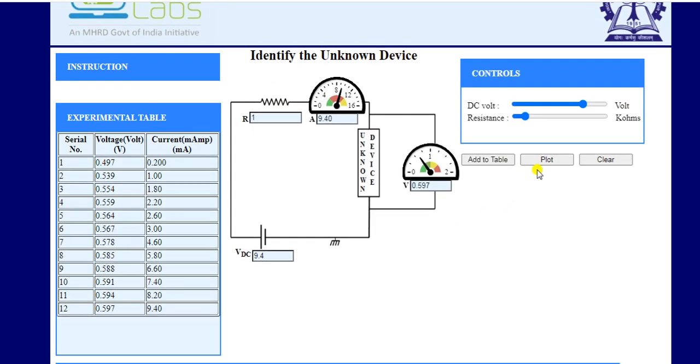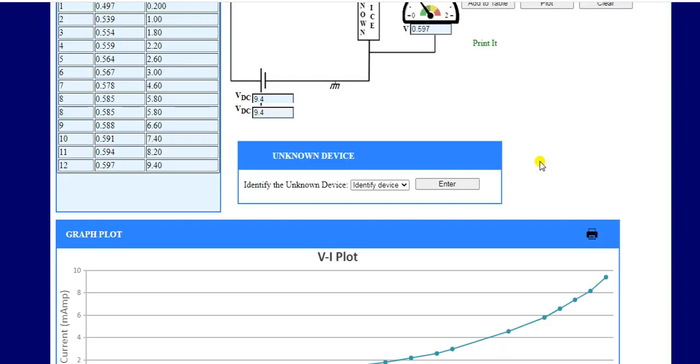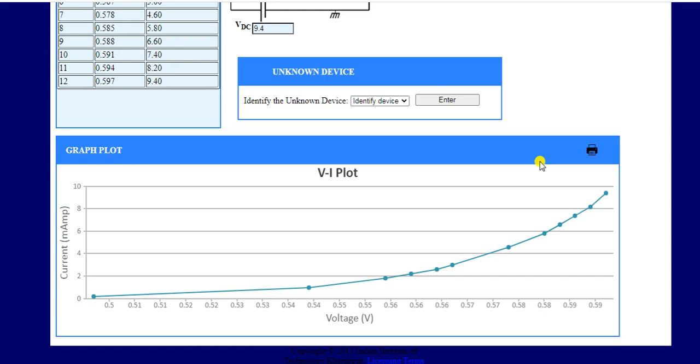Now we have to click on the tab plot. So this is the characteristic curve that we got from this unknown device. As we can see, this graph is not a linear graph, so definitely it is not a resistance, it's a diode.